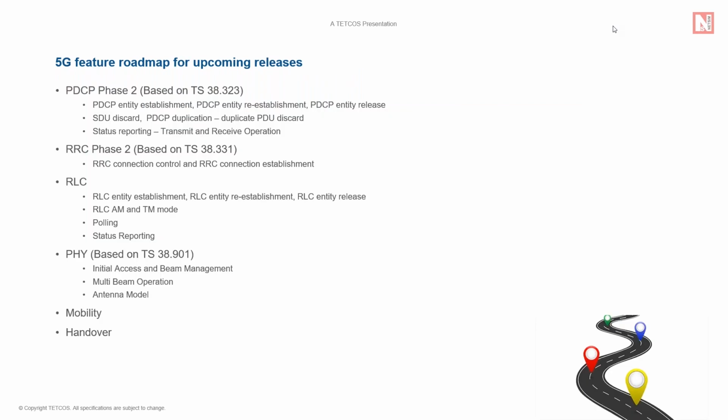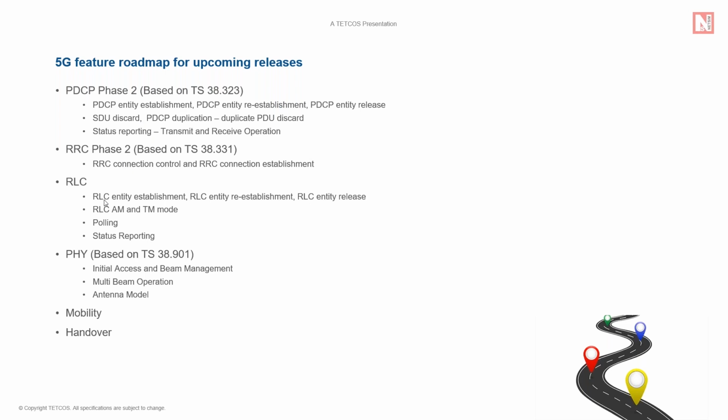We will now quickly talk about the 5G roadmap which is coming up in the subsequent releases in 2020. We expect to do PDCP phase 2, which is based on 3GPP standard 38.323, which has PDCP entity establishment, re-establishment, release, status reporting. Then RRC phase 2 for connection control and connection establishment.